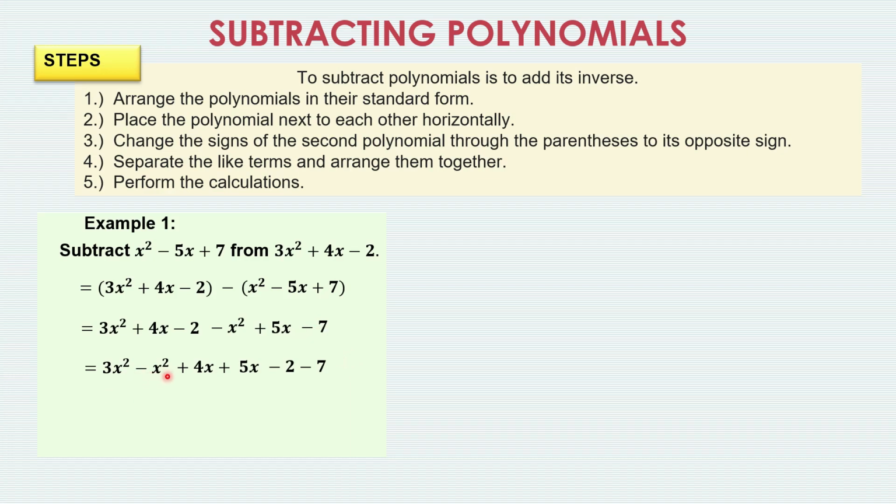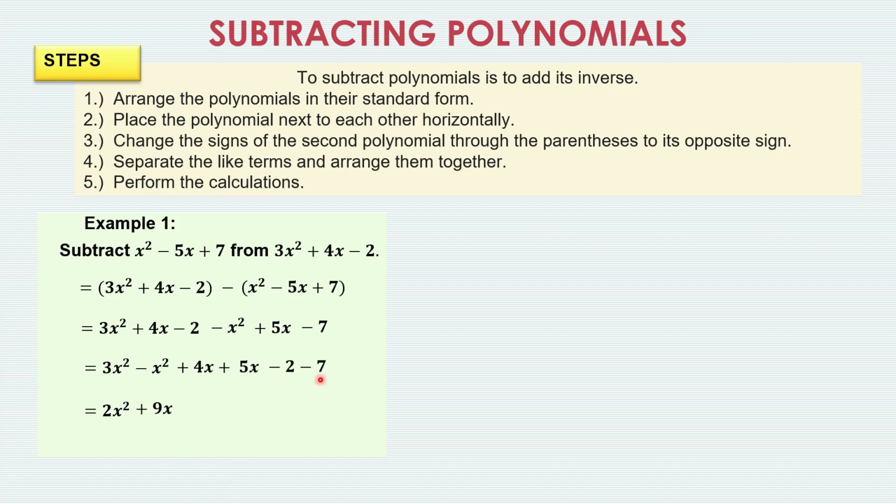3x squared minus x squared is equal to 2x squared. It's like 3 minus 1. And then just copy your variables. Then, positive 4x plus 5x is positive 9x, or simply plus 9x here.